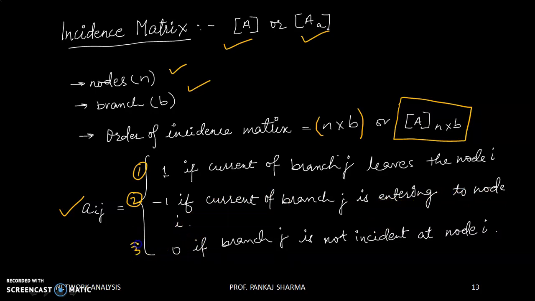And the third possibility is 0 if branch j is not incident at node i. Incident means to go inside to a point.